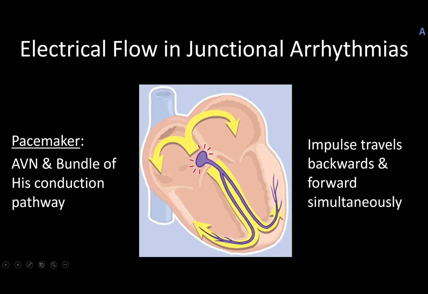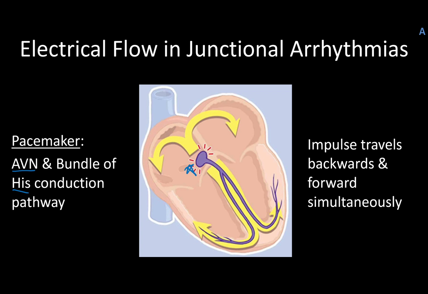Electrical flow with junctional arrhythmias follows this idea, essentially, that the AV node and that bundle of His are the initiation point for the impulse, so right here. What happens is that electrical impulse flows backwards and forwards simultaneously.